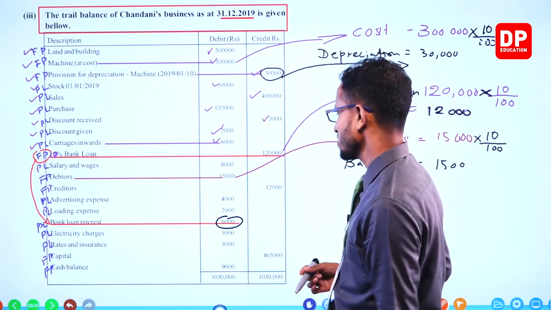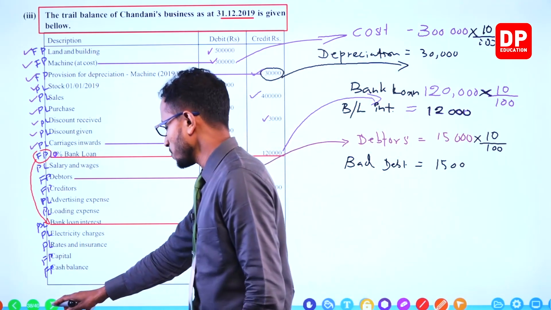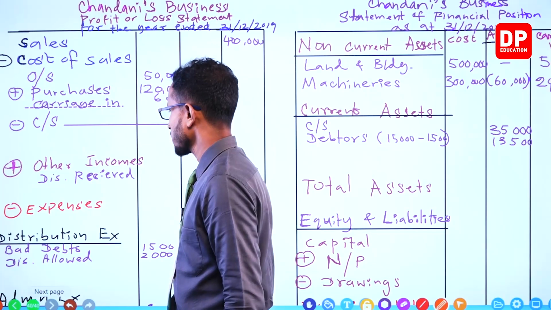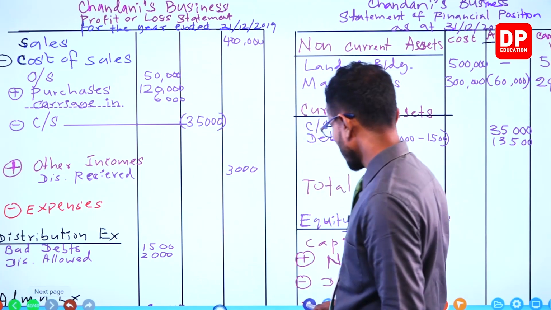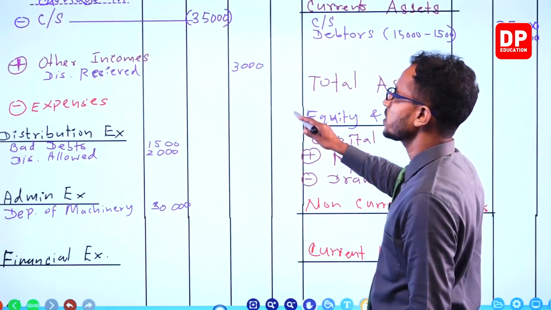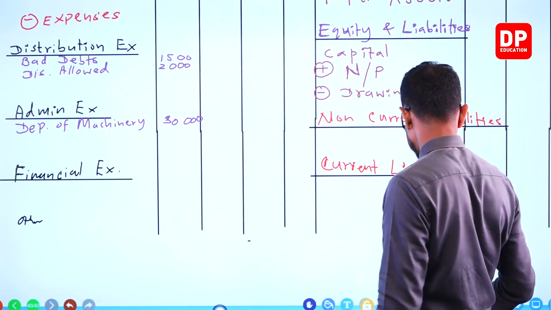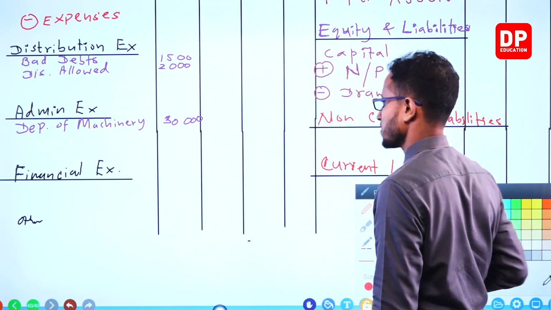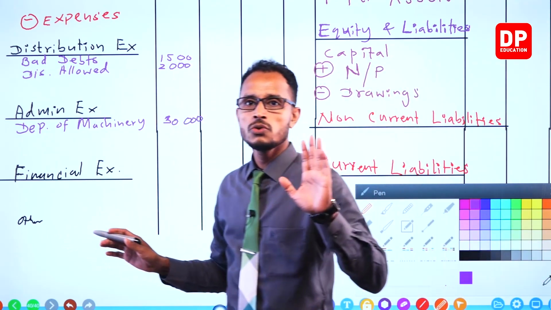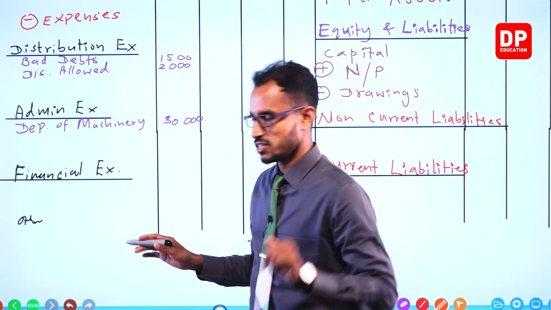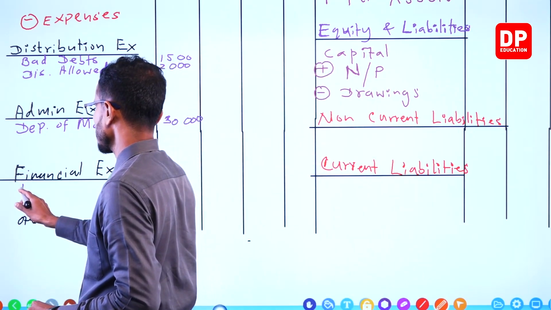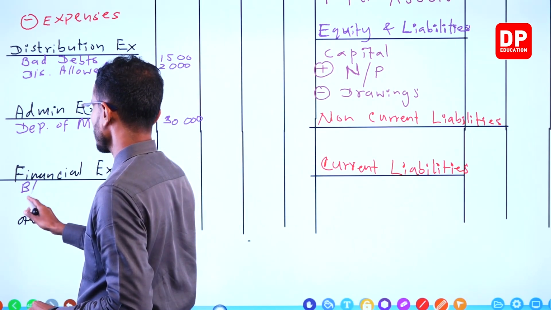That is what you should realize here. What to do? First of all, record the correct annual interest as an expense. Not under other expenses, under financial expenses: bank loan interest.